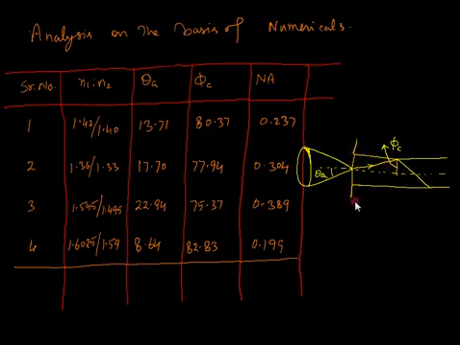The refractive index of the core is n1 and of the cladding is n2. This is the acceptance angle, and at the core-cladding interface where this light ray strikes, that angle is the critical angle. If the light ray strikes at the critical angle or greater, only then will it reflect inside the material.